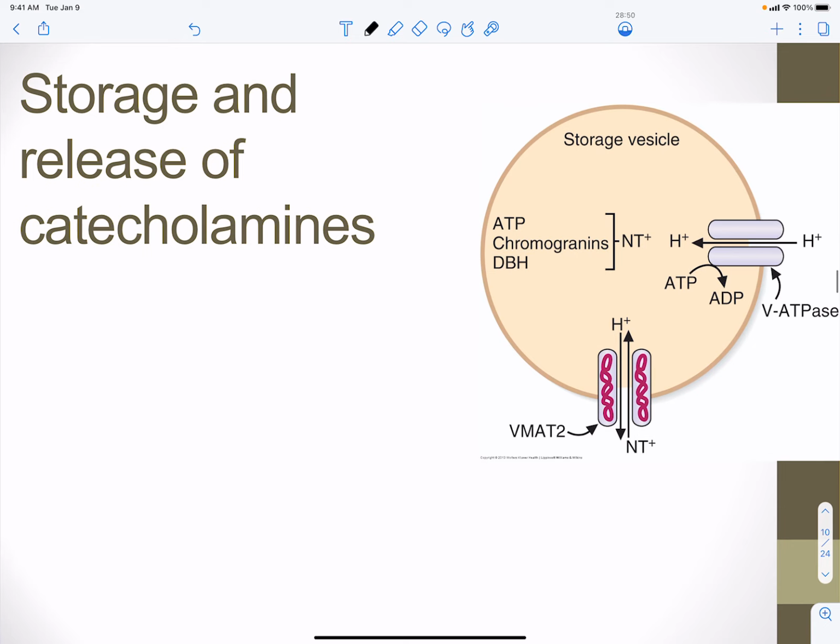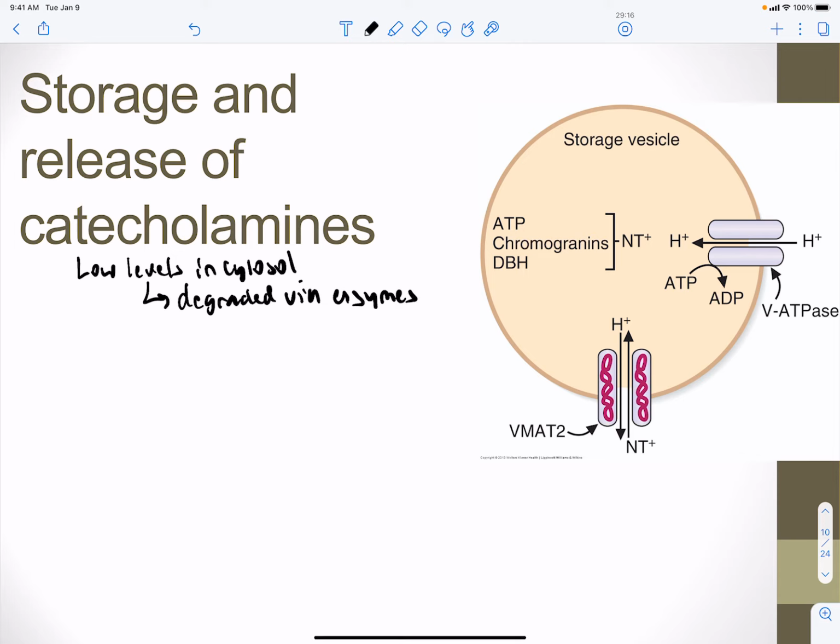Now, importantly is the storage and release of catecholamines, and it helps to understand how these transmitters are released just in general. So we have very low levels of the catecholamines actually in the cytosol. And these would actually get degraded, and that's via those enzymes.